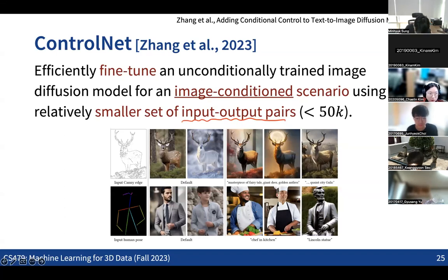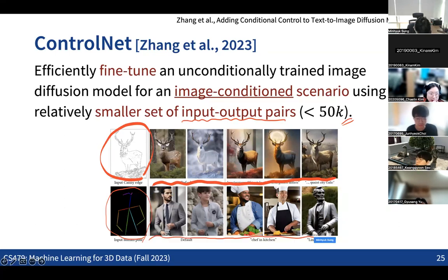So when you only have a very small amount of input and output pairs, like less than 50,000, how can we leverage stable diffusion, which is trained with 5 billion images, in a way that we can get good quality images? So these are all examples where we take a sketch as the input and generate some variations, or we take human pose information as input and generate variations like this.